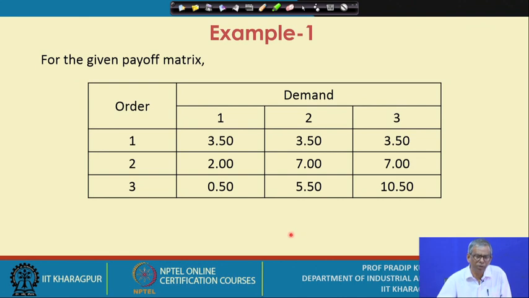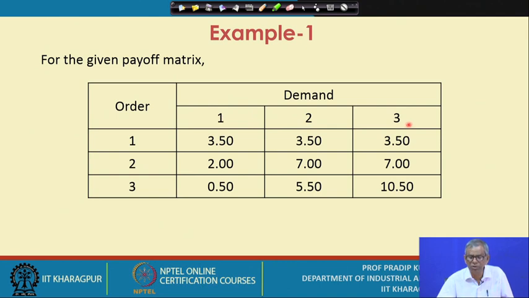For the given payoff matrix, we are already familiar with this particular payoff matrix. It is a 3 by 3 payoff matrix, 3 demand levels and 3 order quantities. So you have these tables. I don't need to explain it once again. Once these values are known, against each demand level, what will be your probability?